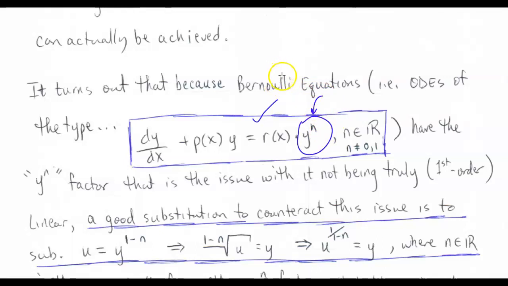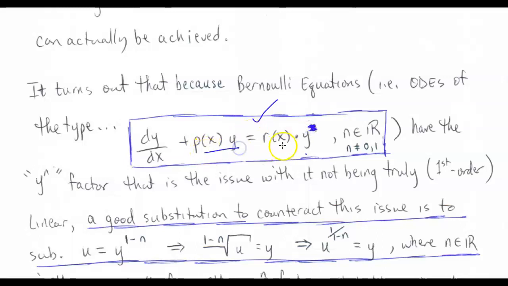Now, for it to be a true Bernoulli equation, when we have this y raised to the n, n can pretty much be any real number except for 0 and 1, okay? Reason being, if n is equal to 0, then this is essentially 1, and now we have a first order linear ODE again, so nothing special about that. If n ends up equaling 1, then we just have r(x) times y, so this exponent literally just goes away.